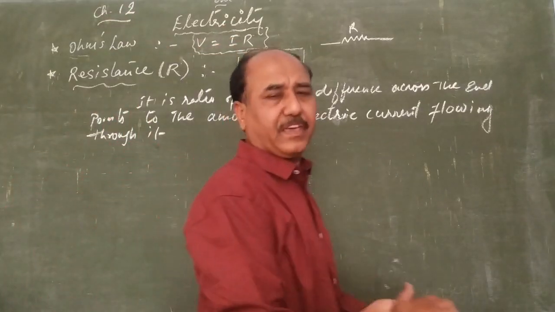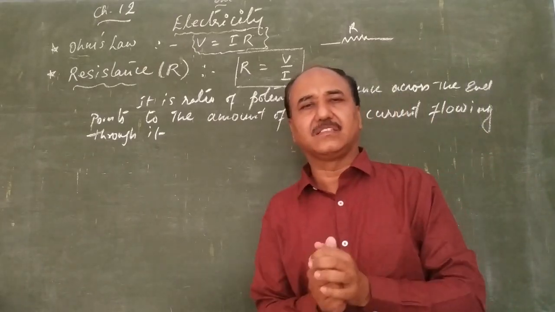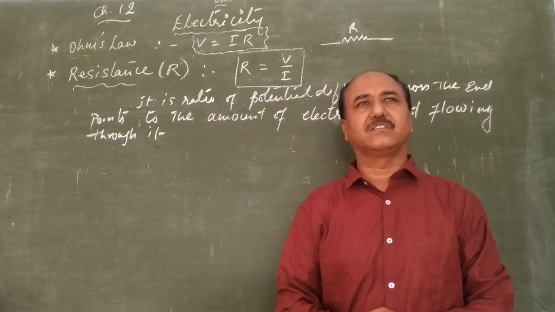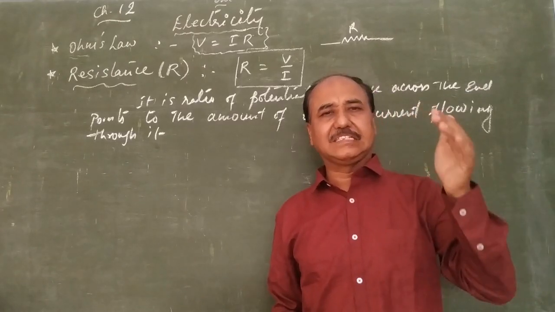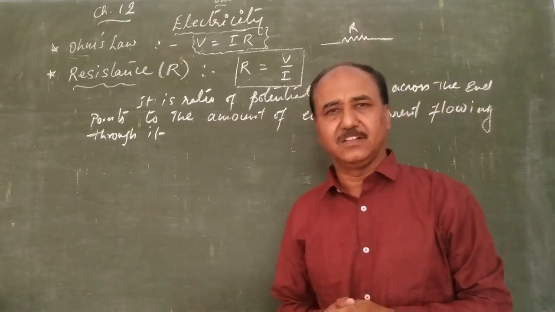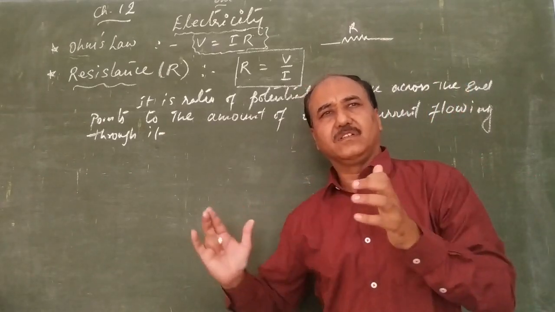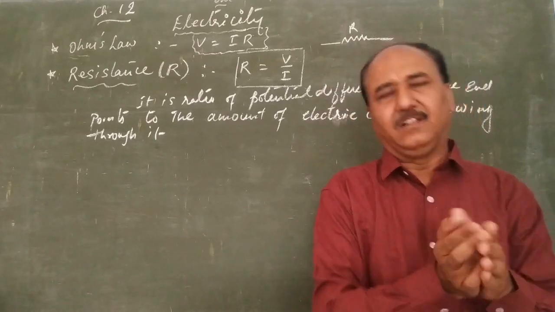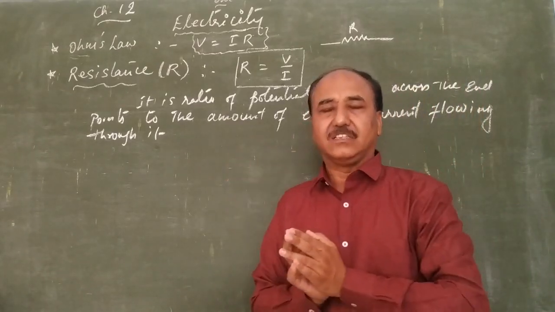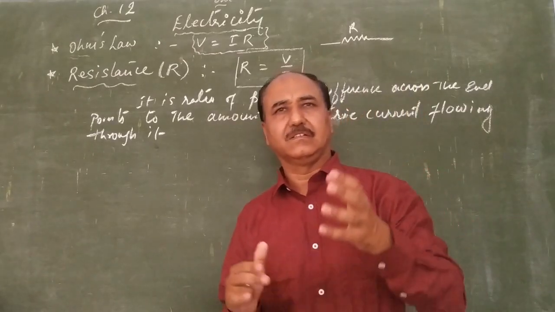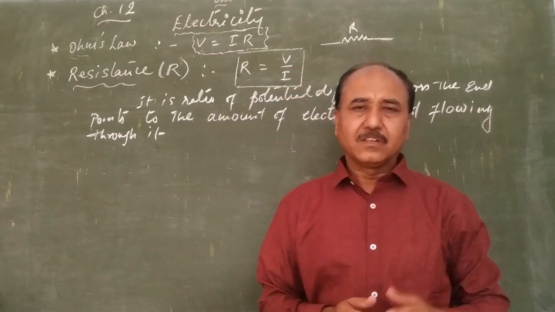In other words, we can also explain resistance like this. Charges are moving across the conductor when there is a hindrance or any obstruction to these charges. That means if something opposes the flow of these charges, we call that resistance. For example, take flowing water.